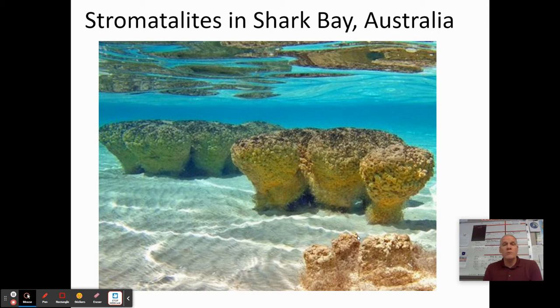Heterotrophic organisms are organisms that have to eat something else. They cannot make their own energy like an autotrophic bacterium. An autotrophic bacterium can use either chemical energy or sun or light energy in order to make the sugars that it needs to survive, whereas heterotrophic bacteria need to consume stuff that is in the environment.